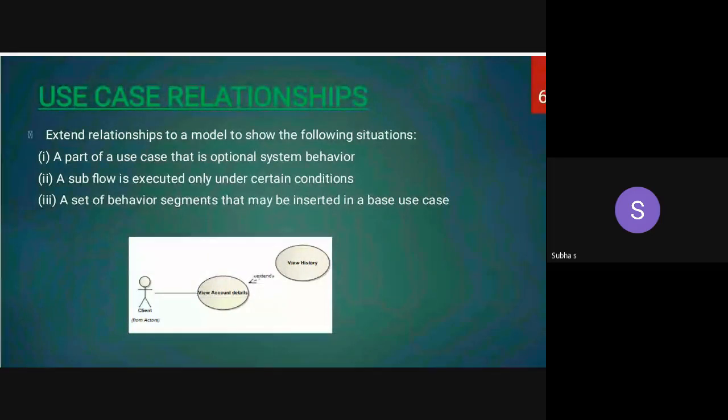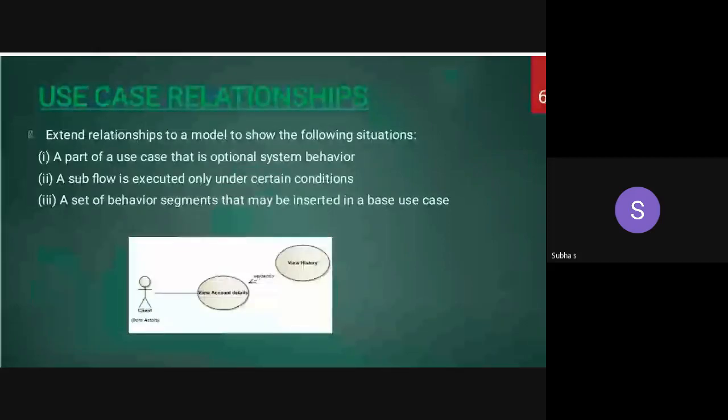Okay, so again I can say the extend relationship shows the following situations. For part of the use case, that is optional system behavior, a subflow is executed only under some certain condition. The subflow that is going to be executed, you see in the diagram: a set of behavior statements that may be inserted in a base use case.